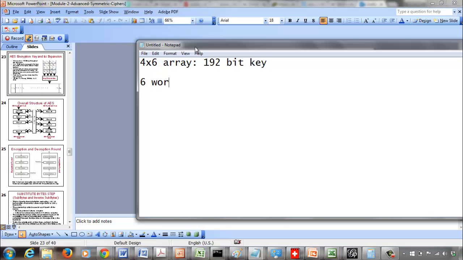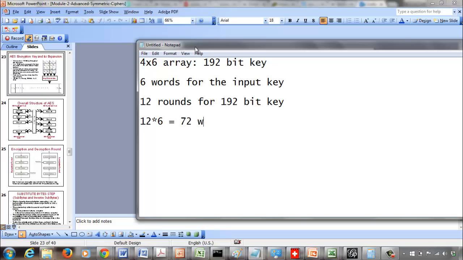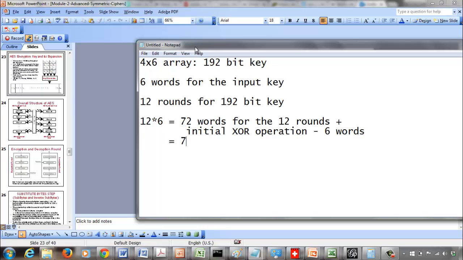So basically we'll have 6 words, because each column is a word, and we have 6 columns for the input key. We have 12 rounds for a 192-bit key, so we need 12 times 6, which is 72 words for the 12 rounds. Plus for the initial XOR operation, we need 6 words. So we need a total of 78 words for a 192-bit key.